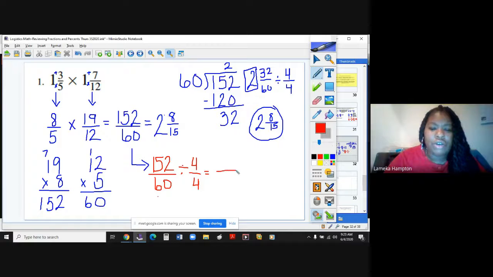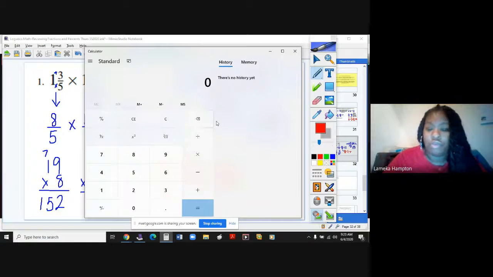Okay, so I know that's going to give me 15 here. And I believe 152 divided by 4, I think that gives me 30. Well, I'll just pull out my calculator here. No need to guess. You pull out the calculator. So I have 152, and that is divided by 4.